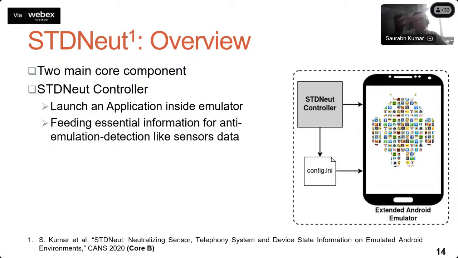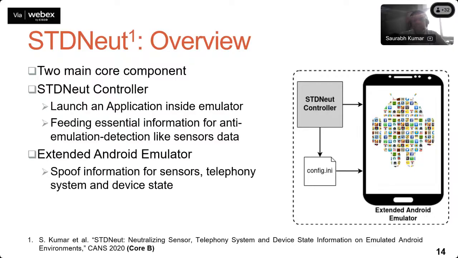For example, you have an app outside the emulator: how to install it, how to start its execution, and what other configuration we have to put in. For example, we need to fool the sensor readings, right? We have to provide realistic sensor readings to the emulators. This sensor reading is fed to the Android emulator at runtime by the STD Newt controller itself.